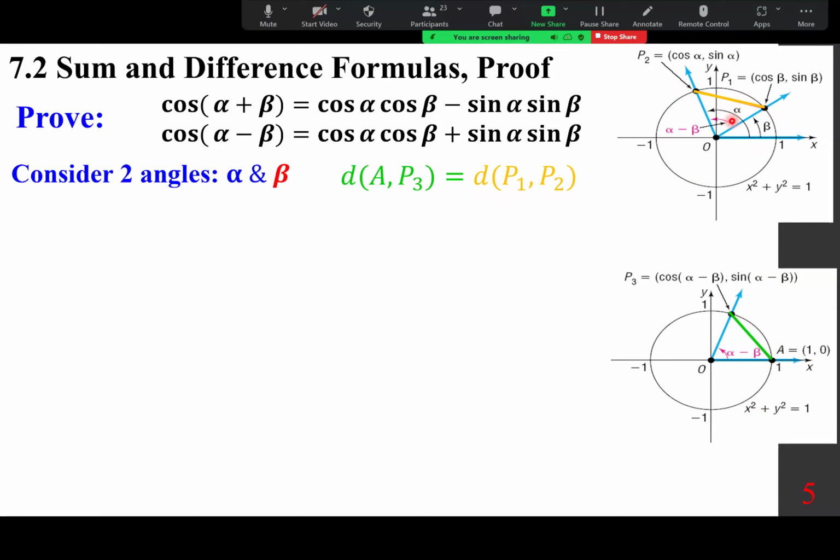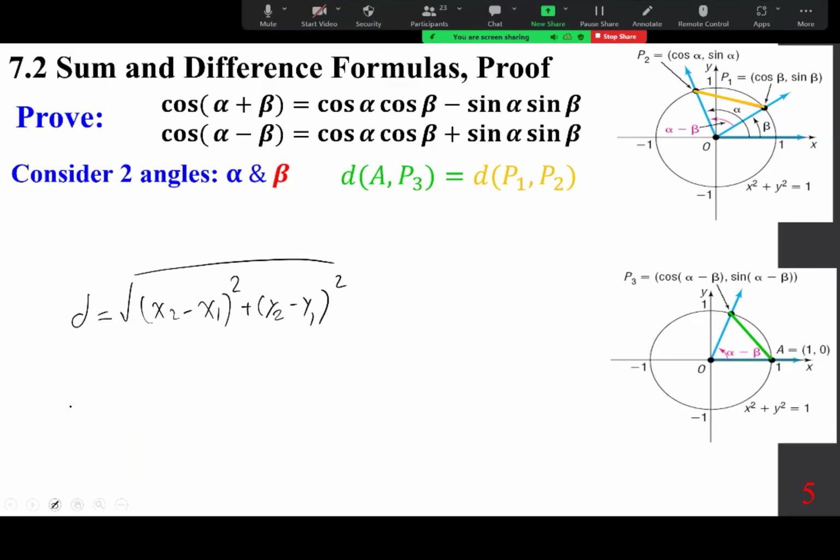So we go with the distance formula. Distance is the square root of x sub 2 minus x sub 1 quantity squared plus y sub 2 minus y sub 1 quantity squared. And you can square both sides to deal with the distance squared.